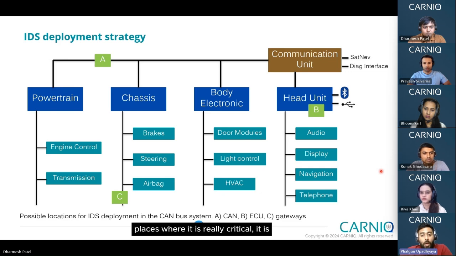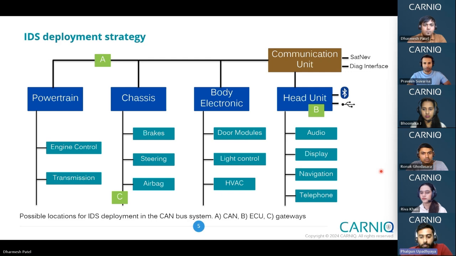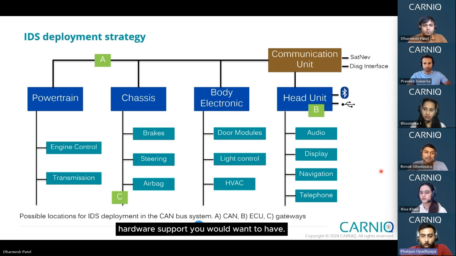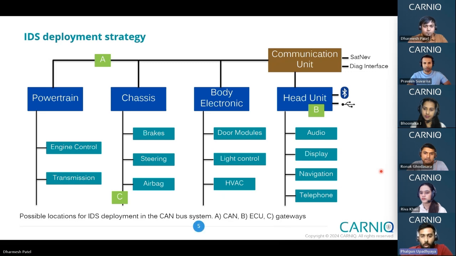And in some places where it is really critical, it is easy to implement. So this is where you would choose IDS. So it all depends on, during the architecture, what kind of complexity, what kind of hardware support you would want to have. All these factors will weigh in before you choose IDS as a cybersecurity control measure.